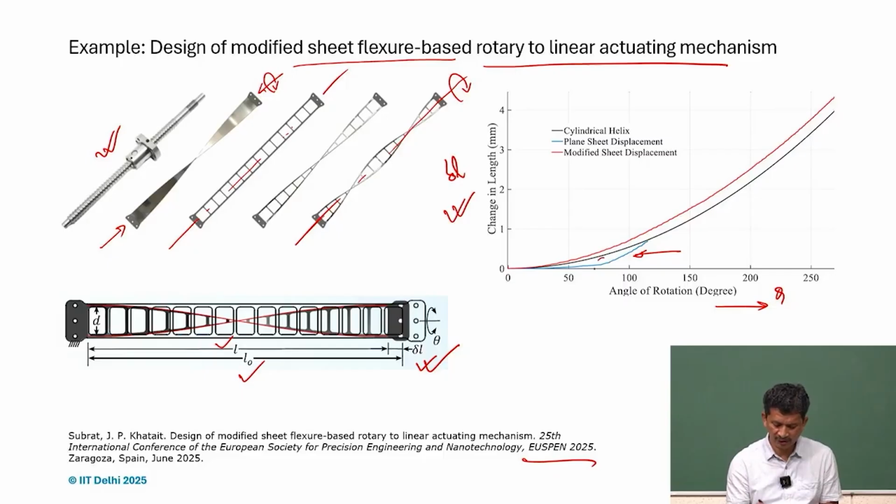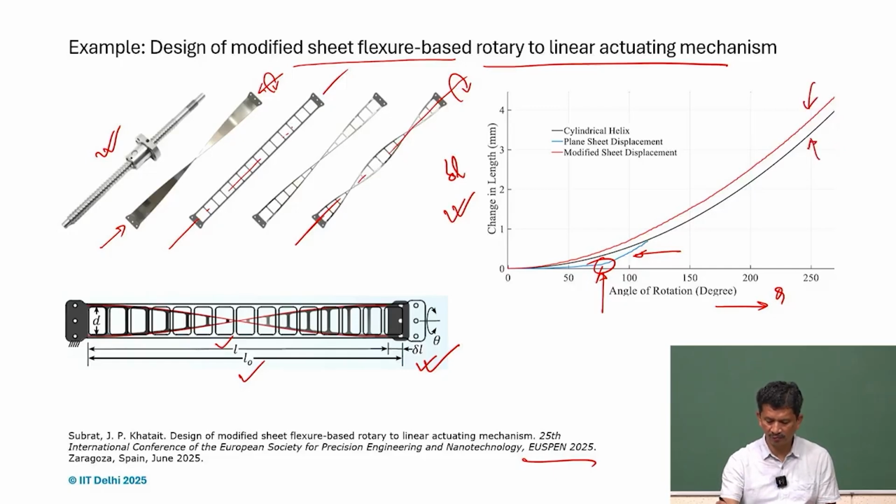You can see there is a kink here, and it's basically because of the warpage. So you are not even able to move beyond 70-80 degrees. But as we tested this one, we can get almost three-quarters or even a full rotation.